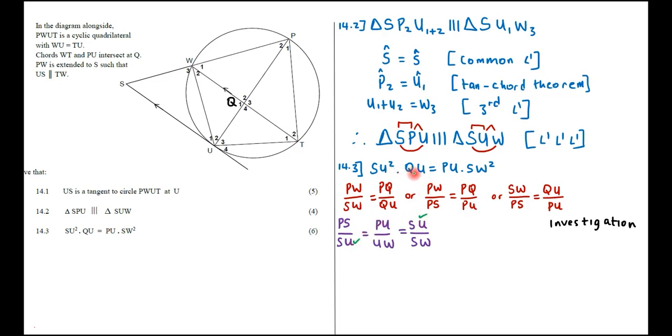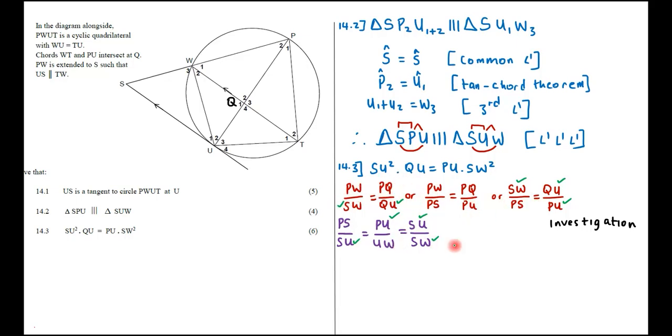And then QU, you must mark all the QUs. PU, I'm just going to mark PU. And then SW, I'll mark SW there. Okay, so now we're going to start with the first investigation. I see SW there, didn't mark it.